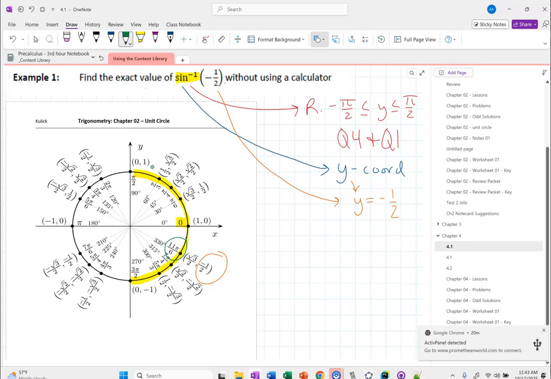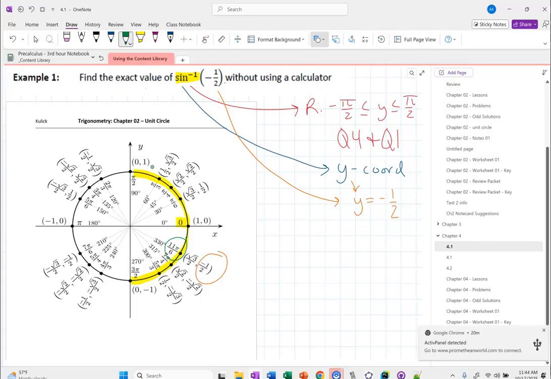Kendall? Could you reverse engineer it? Start with the negative 1/2, see whether it needs to be the x or y, and then eliminate based only on where it is on the unit circle. Yeah, you could start with where is the y-coordinate negative 1/2?